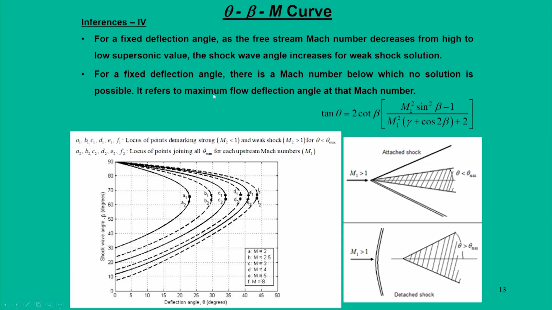Next inference is that for a given flow deflection angle, for a fixed flow deflection angle, as the free stream Mach number decreases from high to low supersonic value in the weak shock solutions. Weak shock solution refers to the location of A1, B1, C1.